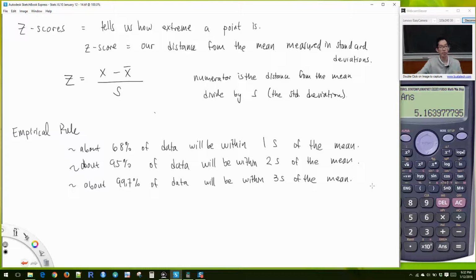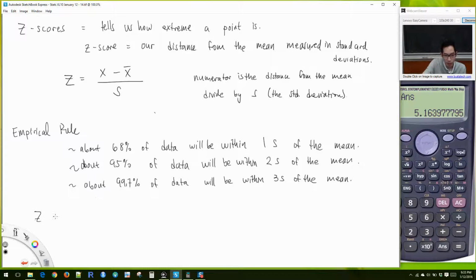Okay? And so that means, to be 3 standard deviations or more away from the mean, whether it's 3 standard deviations above the mean or 3 standard deviations below the mean, to be that far extreme from the mean is very, very unusual. 99.7, so that's almost 100%. The vast majority is within 3 standard deviations. Anything that's more has a z-score of more than 3, okay?